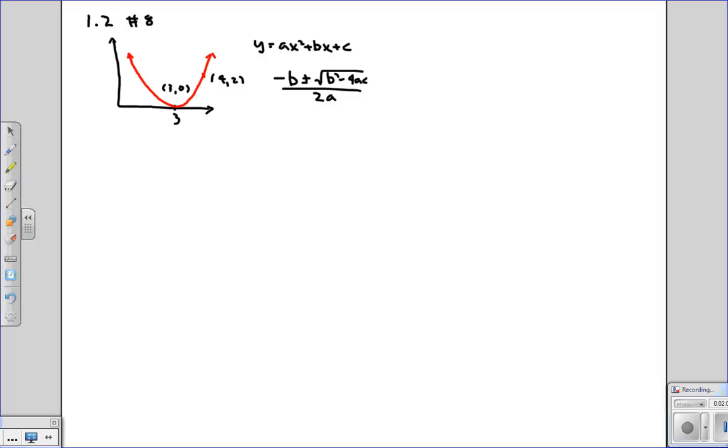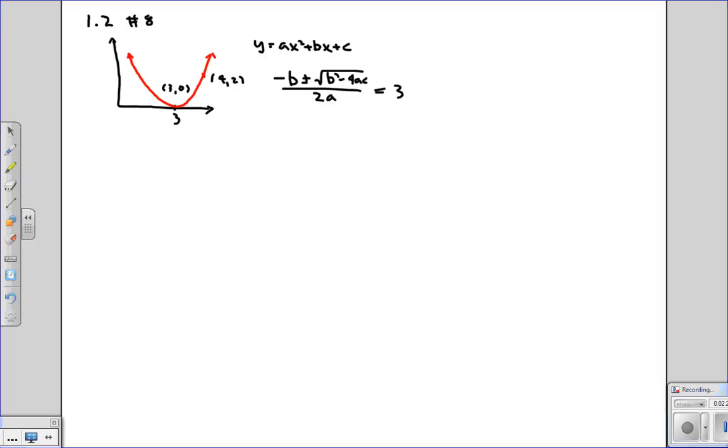Now looking at our case, what is this going to be? Well, the solution has to be 3 because our picture tells us that. That's the only place. But if you look at the quadratic formula, there's a plus or minus there, which means in general, you're going to get 2 different solutions.